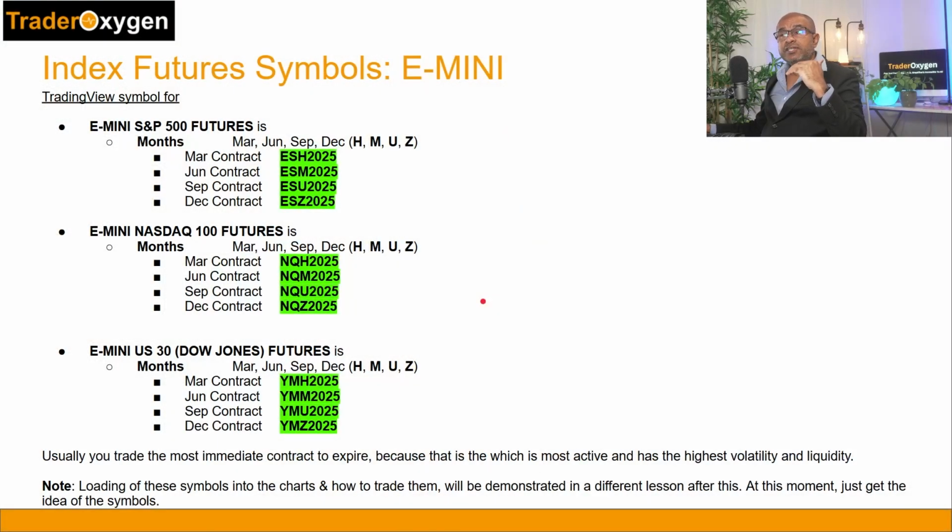Okay, so let's look at index futures symbols starting from E-mini. So the TradingView symbols for E-mini S&P 500 futures are what is listed here. Then it depends on the contract delivery month.